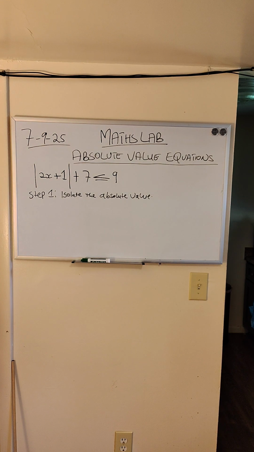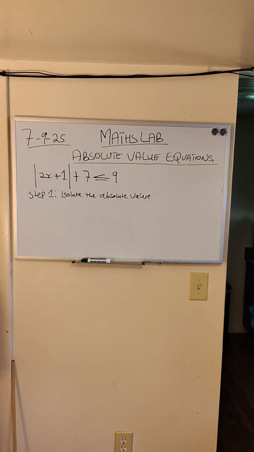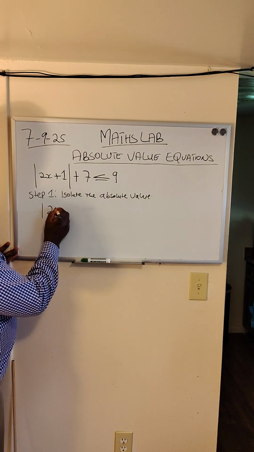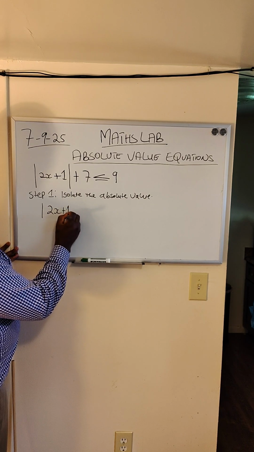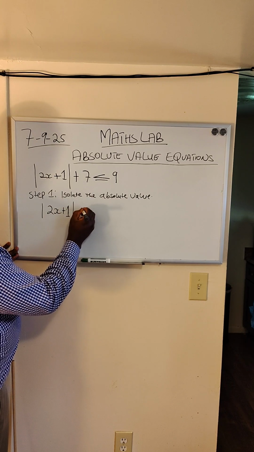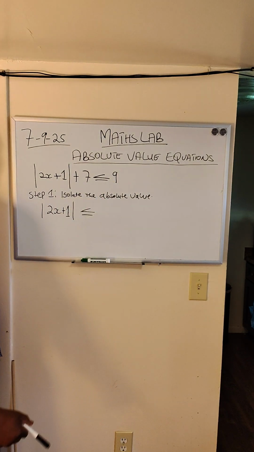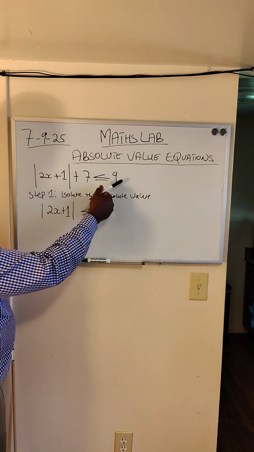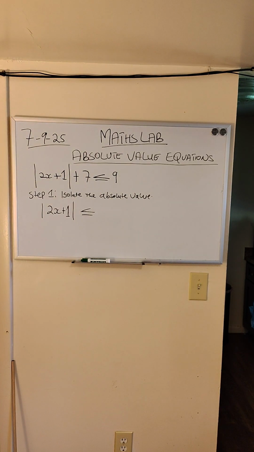For us to do that, we are going to do the math. The absolute value of 2x plus 1 is less than or equal to 7 minus 9, which gives us negative 2.